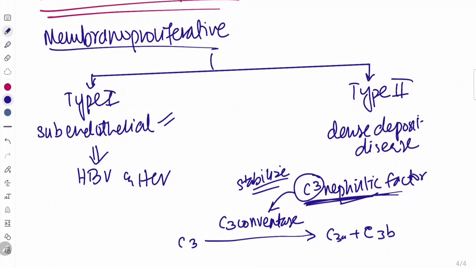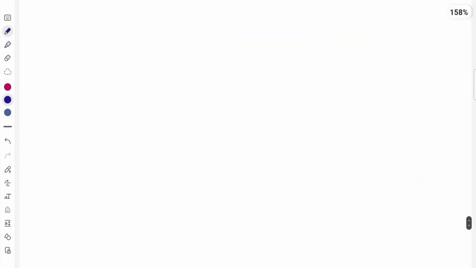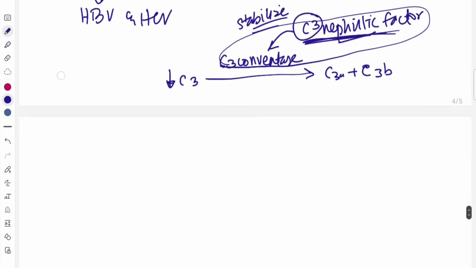So the C3 levels are going down, plus there will be more inflammation, more overactivation of the complement system. That is why C3 and these are now an immune deposit. That is why they are called dense deposits. So this is going to get deposited. When this is getting deposited, what are you now going to see?